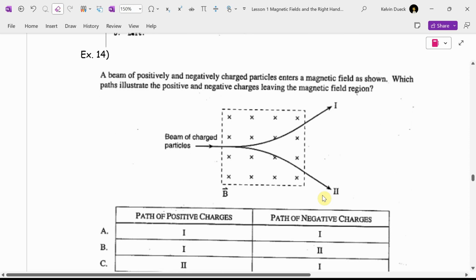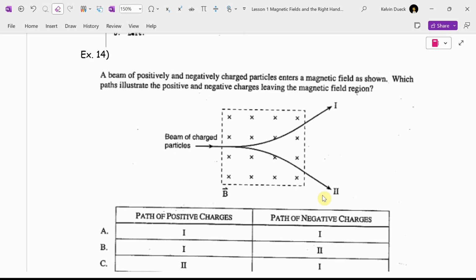Oh, this is kind of cool. A beam of positively and negatively charged particles enters a magnetic field as shown. This is one of the methods that we use at particle accelerators when we're trying to determine what types of charges we have. We send them through a magnetic field. We can easily figure out which ones are positive, which ones are negative. Let's assume this is a positive charge. So the positives are going this way. What direction is that magnetic field?